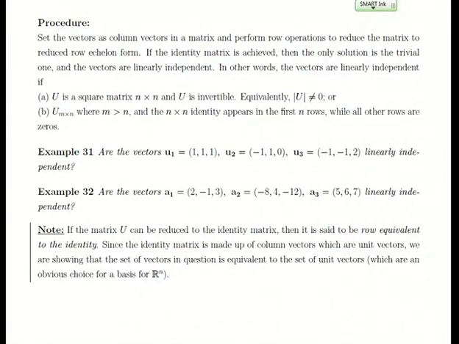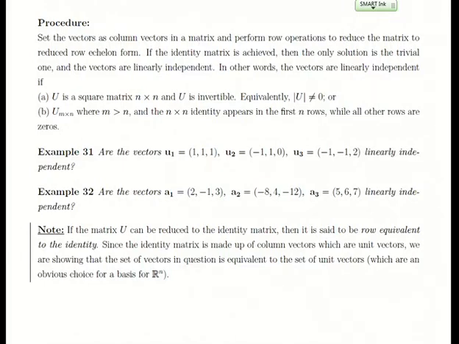So that's what this first one says. If it's square and you can get it down to the identity, it means it's invertible, so let's just find the determinant instead. If it's not square, then you have to do your row operations and see if you get the identity at the top and then a bunch of zeros at the bottom. Then you know that they're linearly independent.